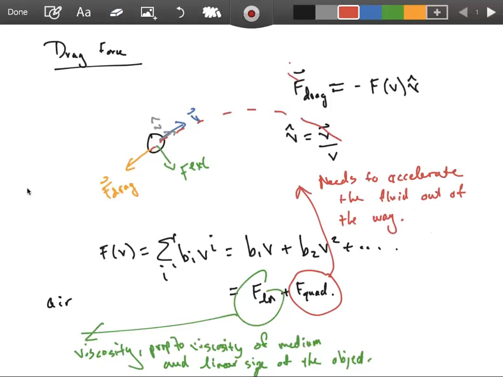So this one typically is proportional to the density of the medium, and the cross-section area.